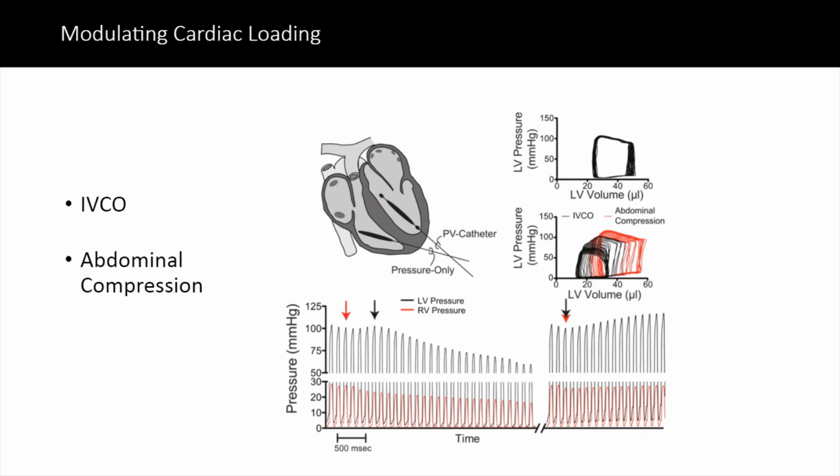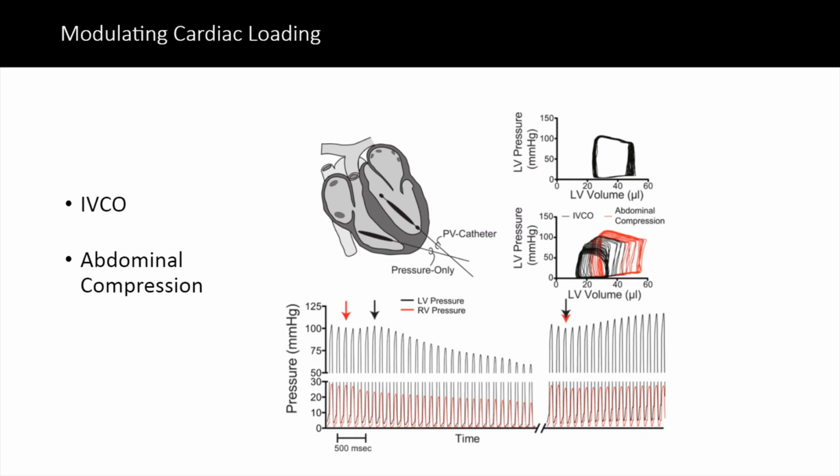But it also increases afterload on the left ventricle, because you're pressing down on the abdominal aorta as it's coming down through the body. And so when you do that, you increase the afterload on the left ventricle, and that will also result in an expansion of the ventricle.